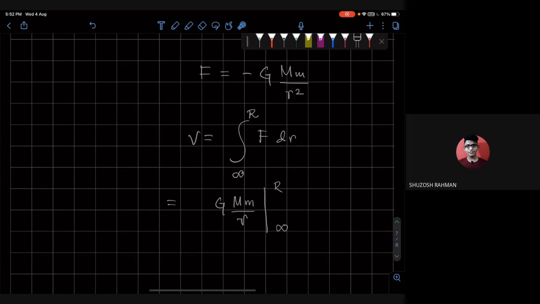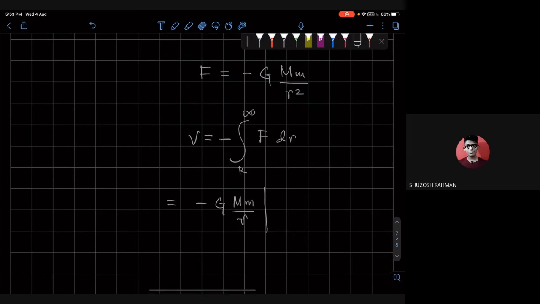But if you were taking the particle from R to infinity, then we would have a minus sign. Suppose we are doing that, we are pushing it from R to infinity, and then we have a minus sign from the integration, and then a minus sign here.